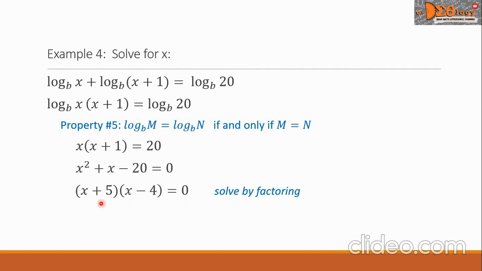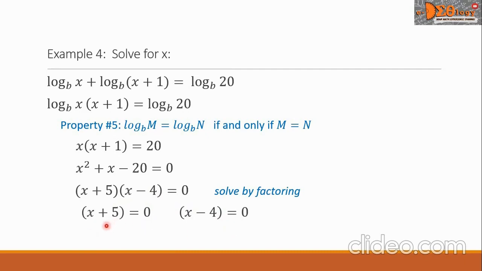And then for each factor, we will equate it to 0. Let's start with x plus 5 equals 0, and x minus 4 is also equal to 0. Then let us simplify both equations. x plus 5 equals 0.